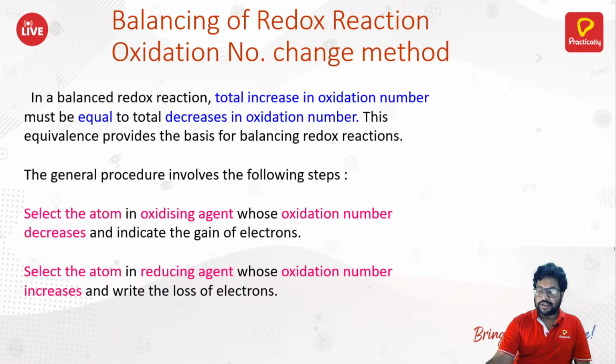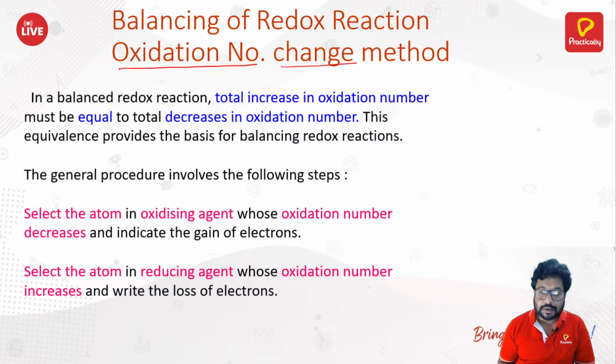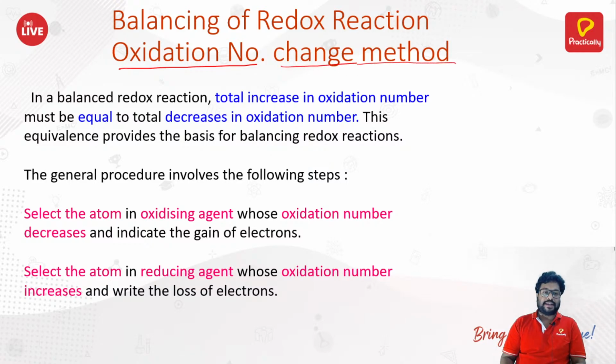Balancing redox reaction, the very first method is the oxidation number change method. Now, how can we use this method? See, remember, in a balanced redox reaction, the total increase in oxidation number must be equal to the total decrease in oxidation number.